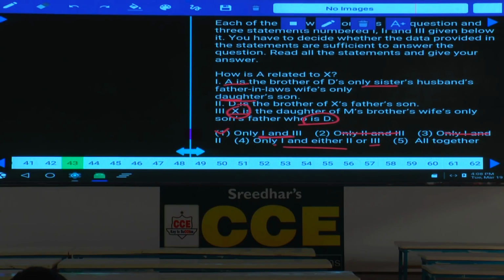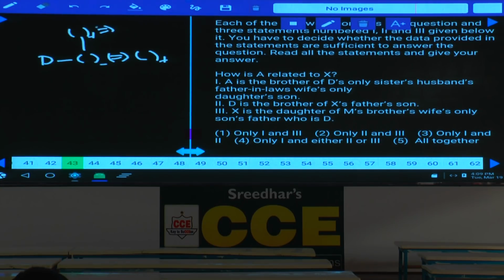Then 1 and 2. Now condition 2: D is the brother of X's father's son. And A is the brother of D's only sister's husband's father-in-law's wife's only daughter's son's brother. This is about condition number 1. And the second one: D is the brother of whom?